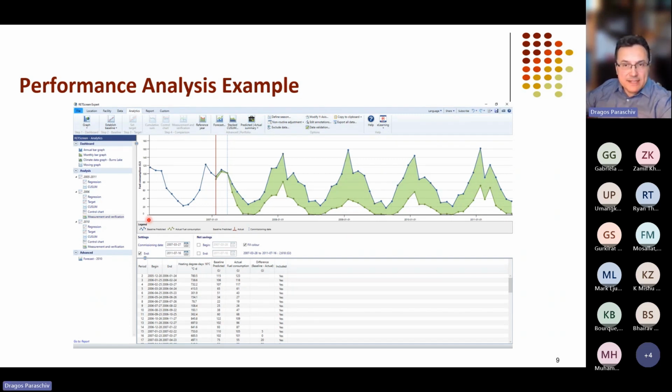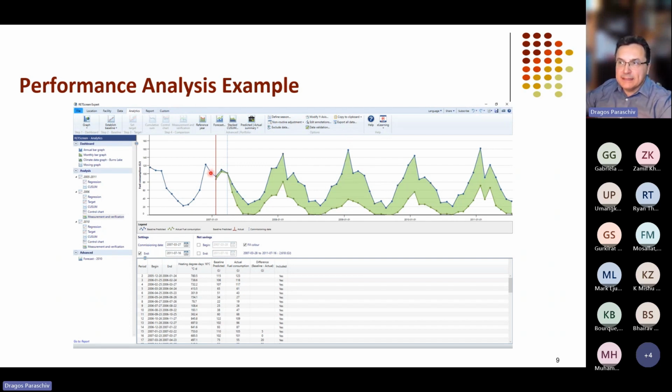So once we have this utility data, which is on this timeline presented with the monthly consumption in blue up to the point where we implement our project. It might be a little bit of a commissioning period that we can leave from the project baseline end to when we start the savings.